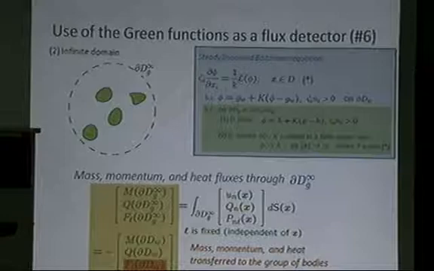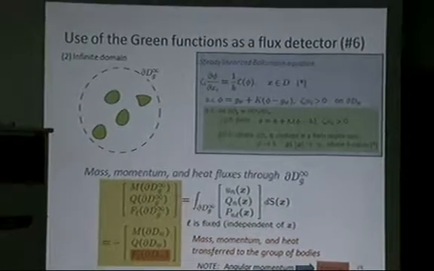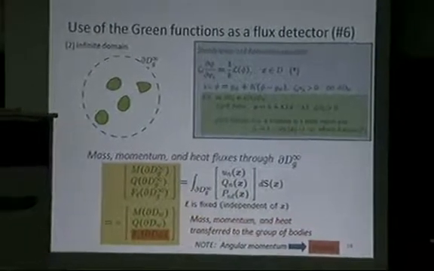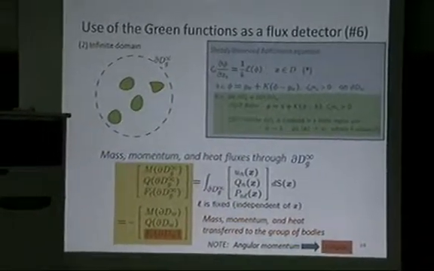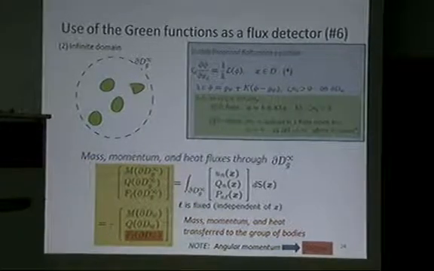By the way, the Boltzmann equation satisfies the mass, momentum, and energy conservation. By using this, you can replace the flux at a far distance with the flux on all the surface of the body.